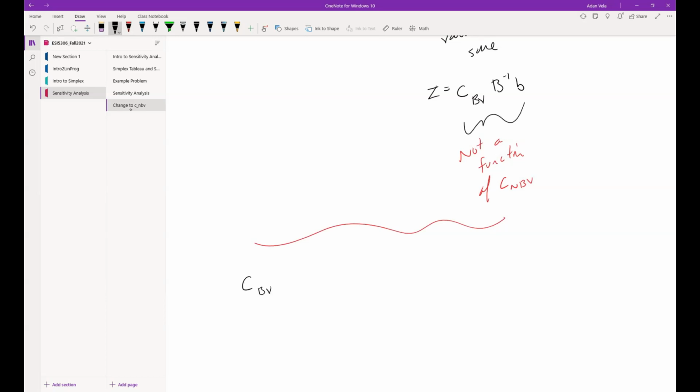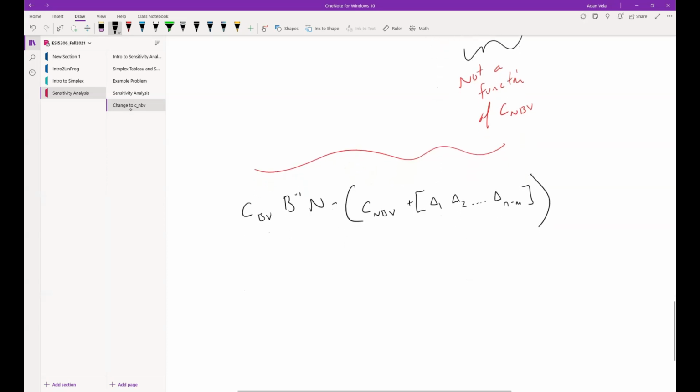You could take your CBV times B inverse times N, and subtract your CNBV plus a whole bunch of deltas, delta 1, delta 2, all the way to N minus M, however many non-basic variables you have. Now this quantity, we already know that vector, so that just stays the same.